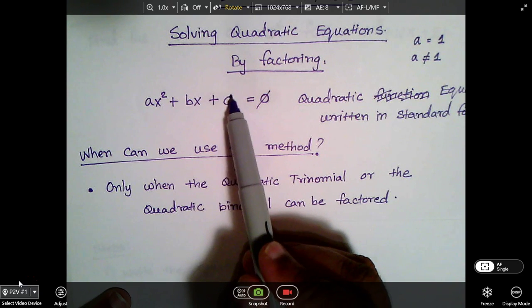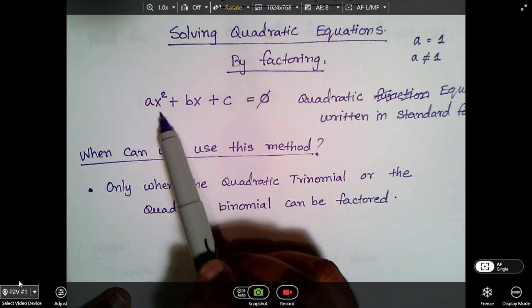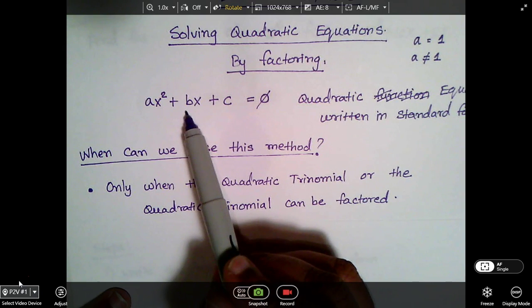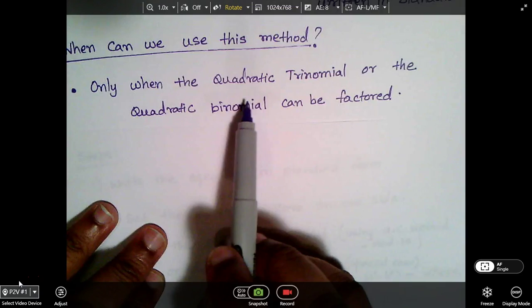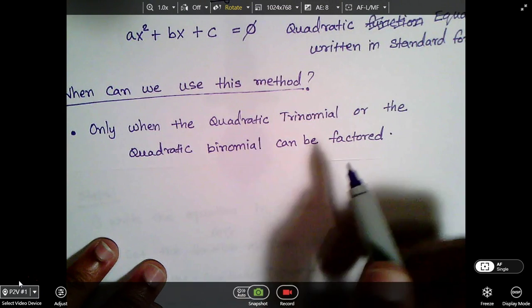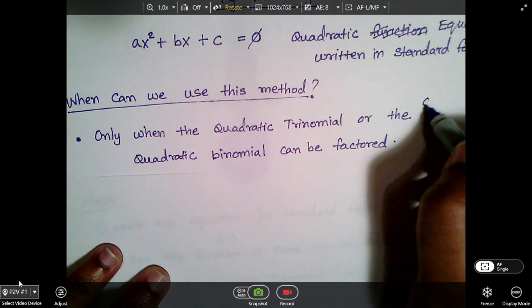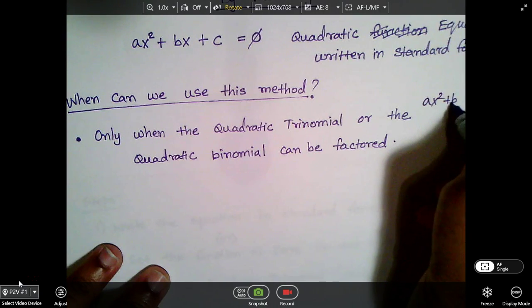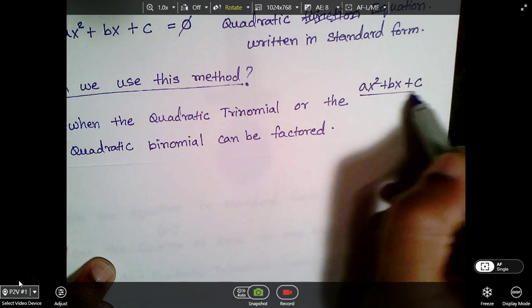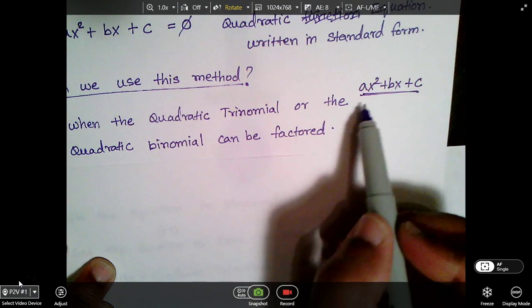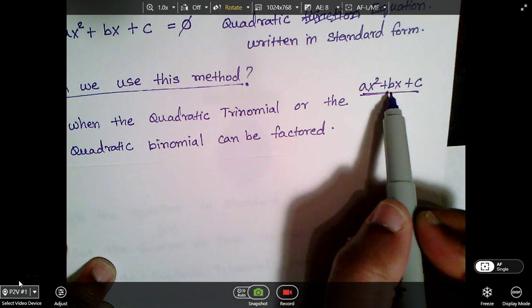Sometimes the c term might be missing, so ax squared plus bx should be factorable. That's why I said quadratic trinomial: I have all three terms, ax squared plus bx plus c. So if that is factorable, I can use the factoring method.